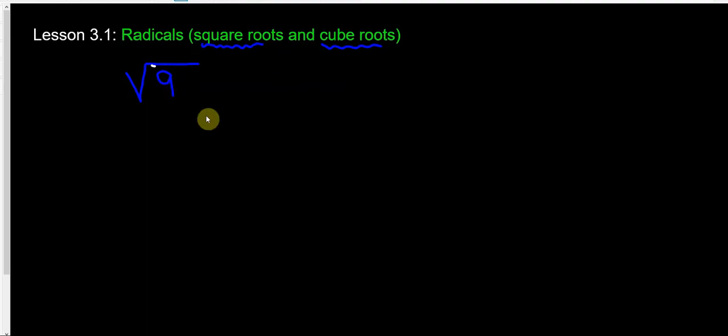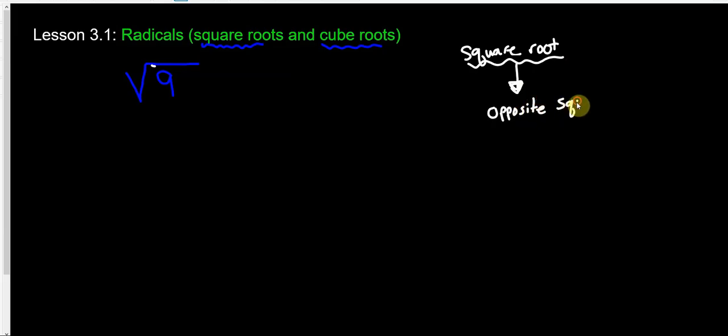Now, let's just start with square roots, and a good question is, what is a square root? Well, one simple way to explain it, not a textbook way, but how we talk, just a human interaction way, would be like it's kind of like the opposite of squaring something, opposite of an exponent of 2.